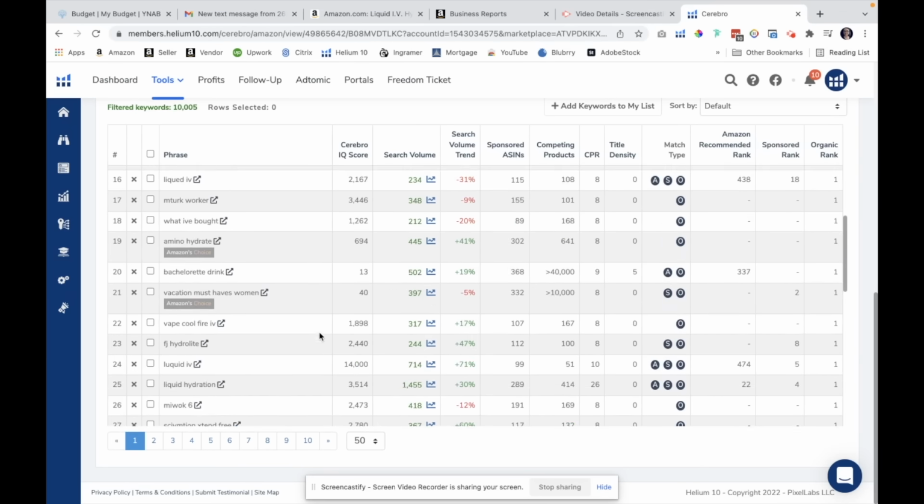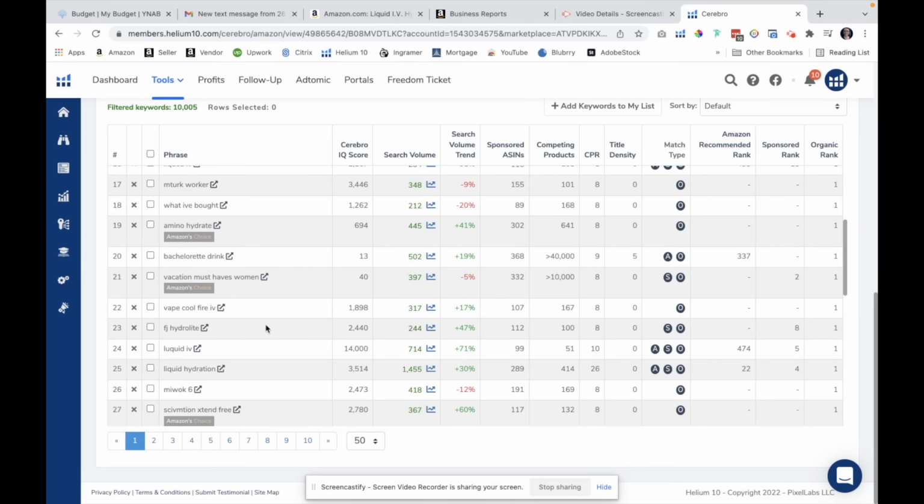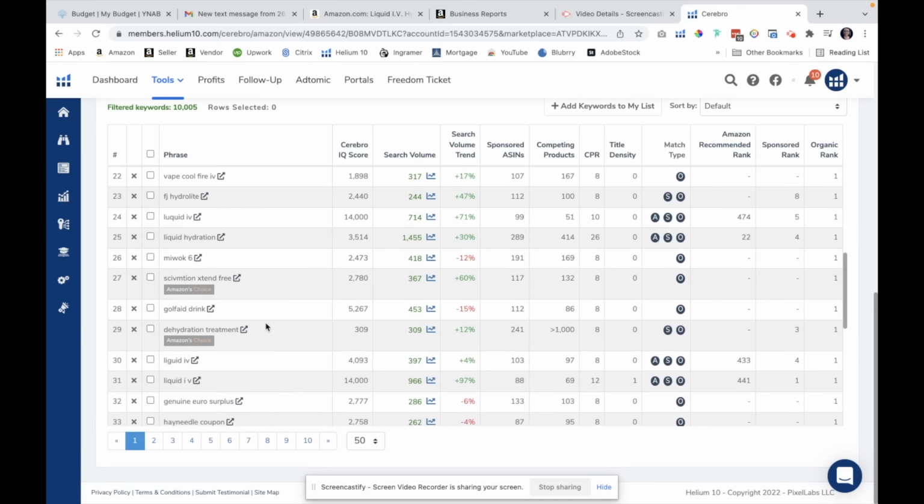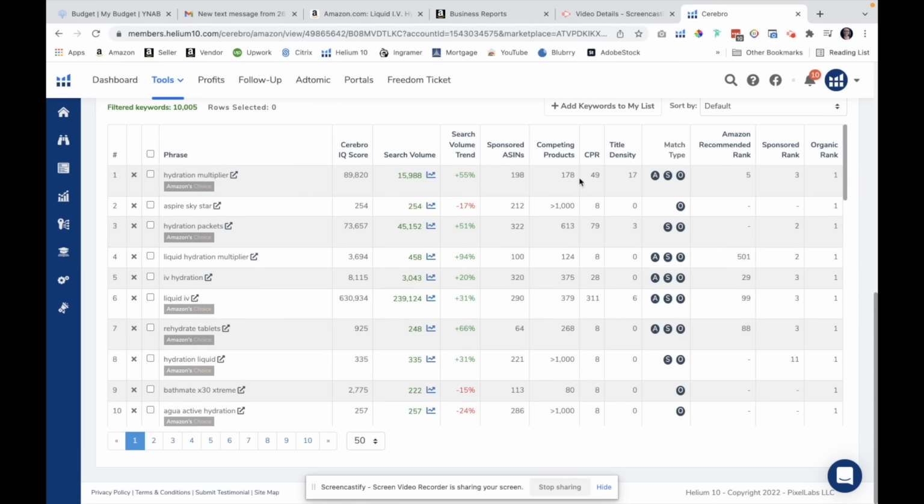Looking at all these, I will know that the algorithm has already tested them on these and that they converted well. And they won't stay in these ranking spots if they don't convert well for very long. Again, the CPR, they have to sell 49 units in 8 days to stay on number one for hydration multiplier. That's what CPR means. So Liquid IV, again, not surprising, that's their own brand.